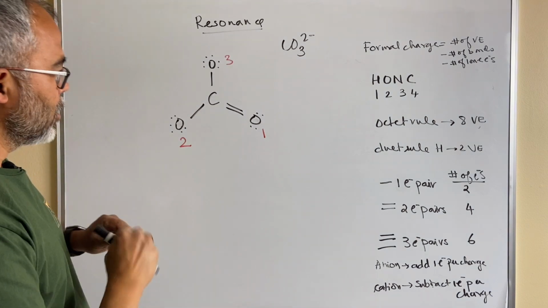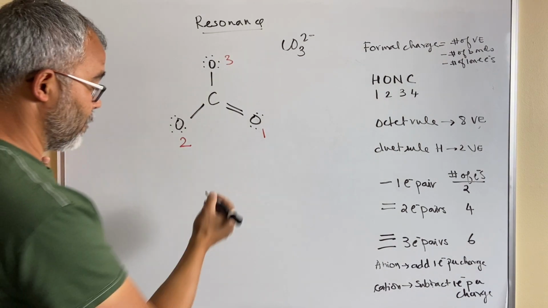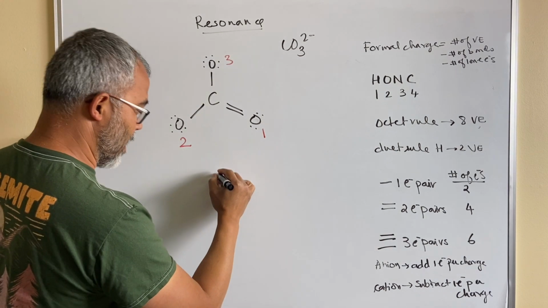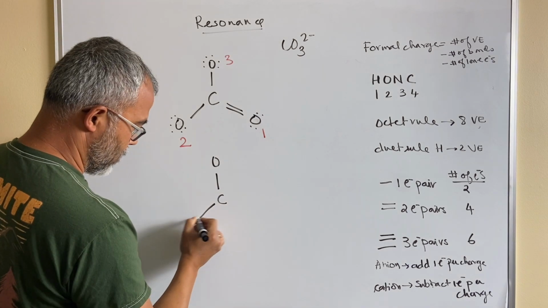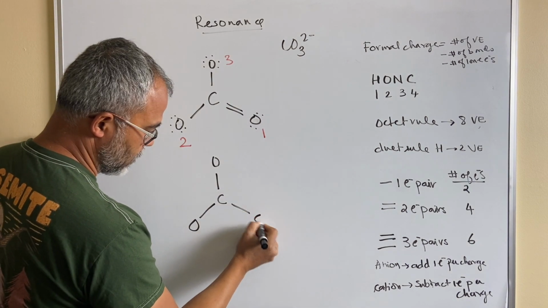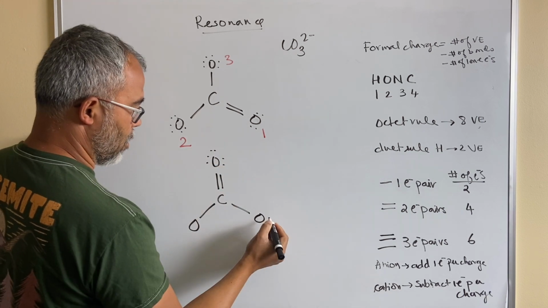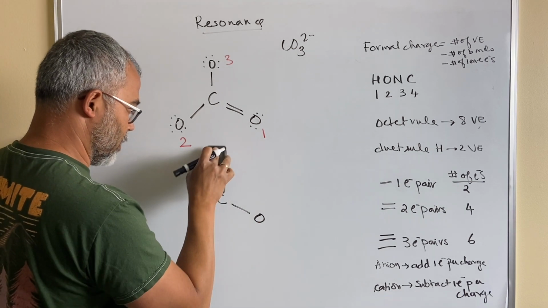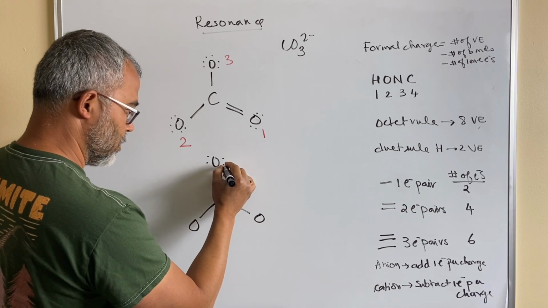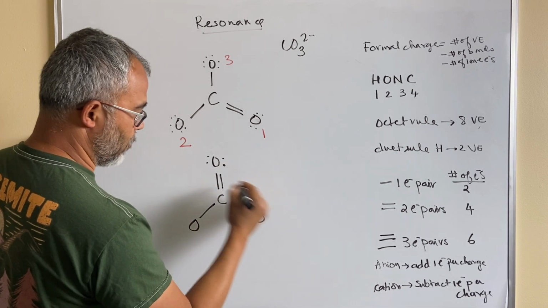Okay. So you could have done this. You could have drawn this structure where the double bond is on oxygen 3, and that would have had 4 lone electrons.